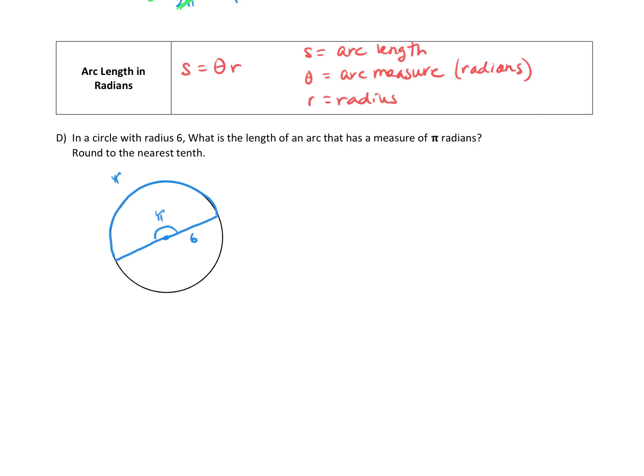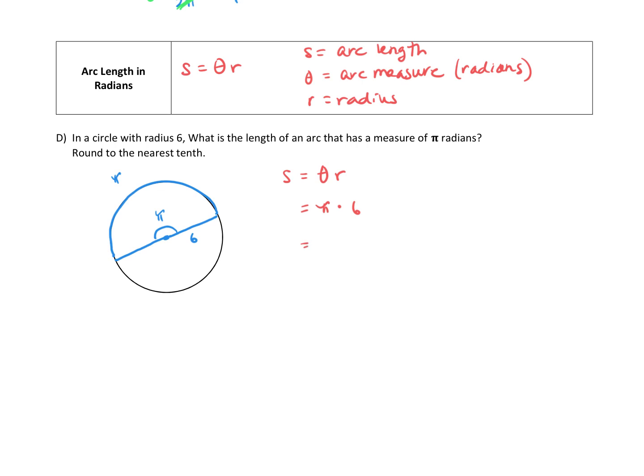And then we can go ahead and use our formula. Arc length, so what is the distance from here to here? Remember, it's a fraction of the circumference. We can find that value by taking your theta, your arc measure, times your radius. So theta is pi times our radius, 6.